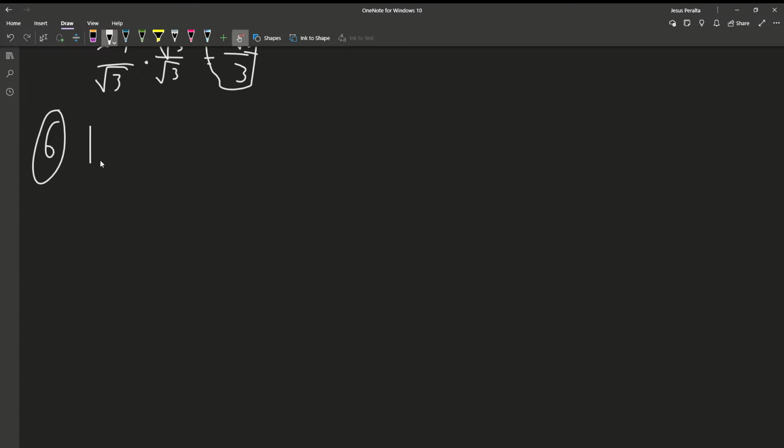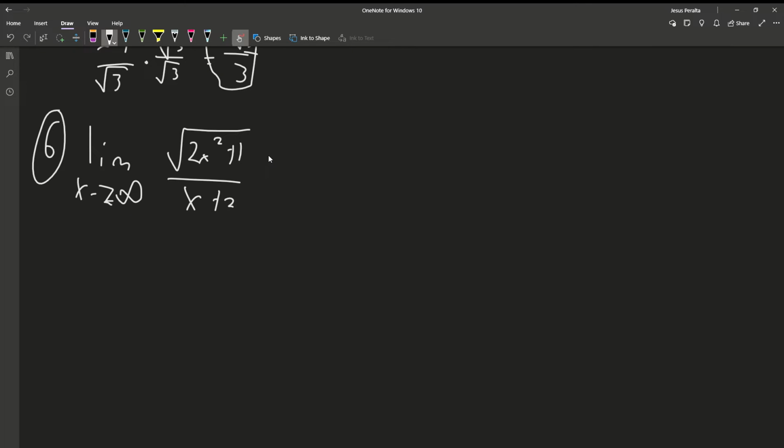Number 6, we have the limit as x approaches infinity of square root of 2x squared plus 1 over x plus 2. Actually, it is supposed to be a negative in the homework, so it's negative infinity.